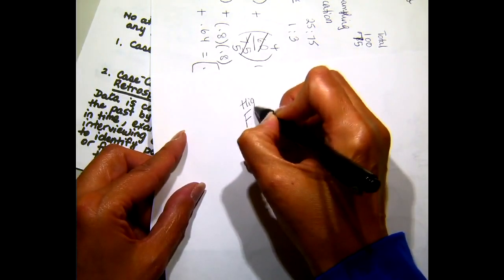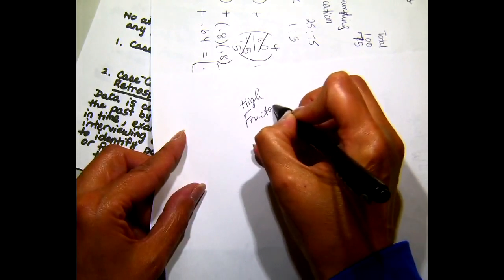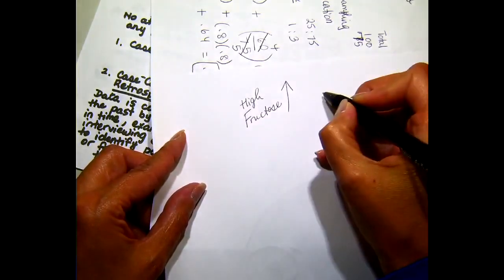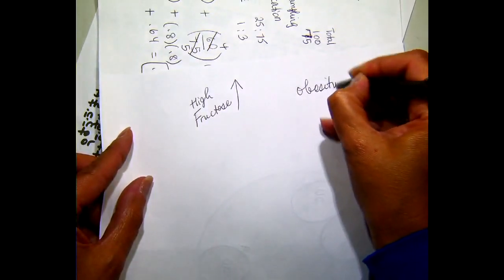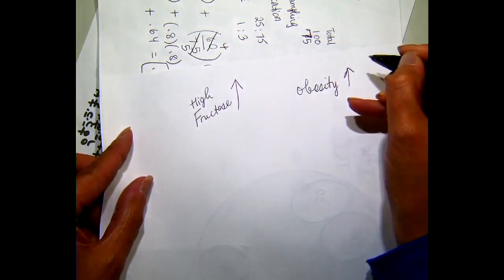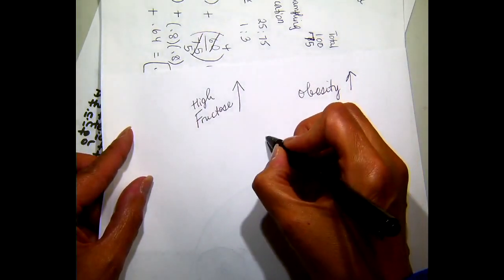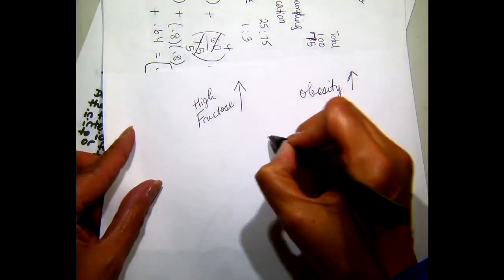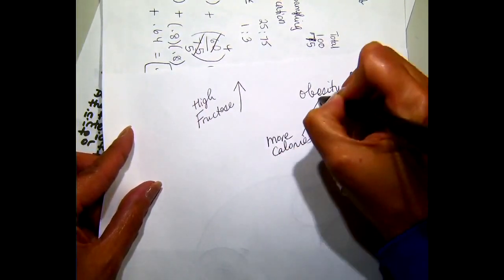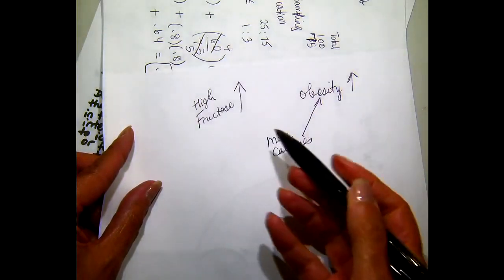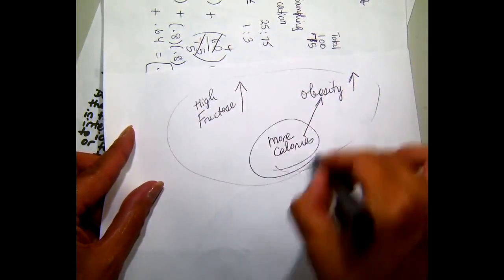Usage goes up, and obesity goes up. But it can also be due to a high caloric food intake going up. That's a confounder. So more calories could be making you fat. So this would be a confounder.